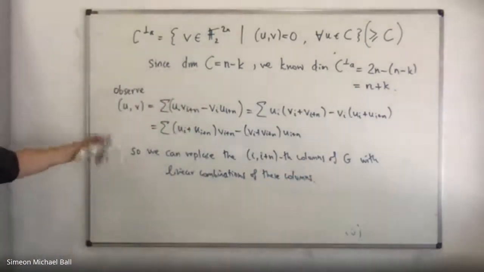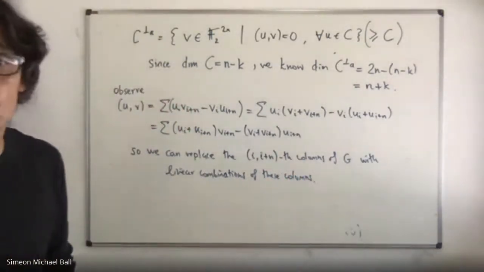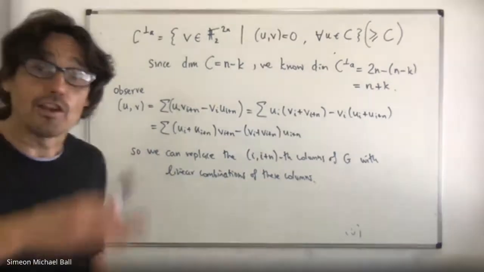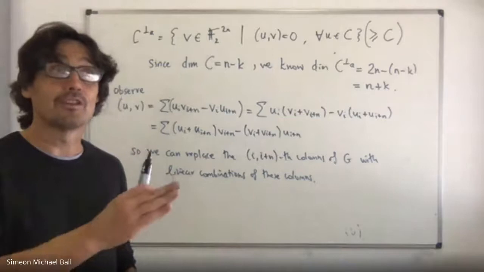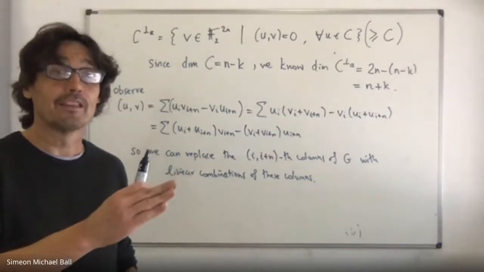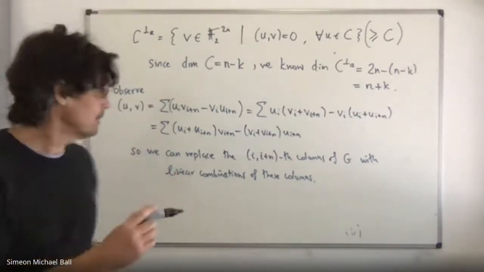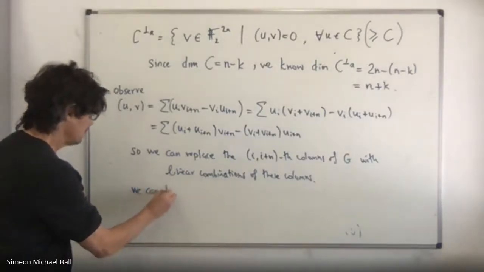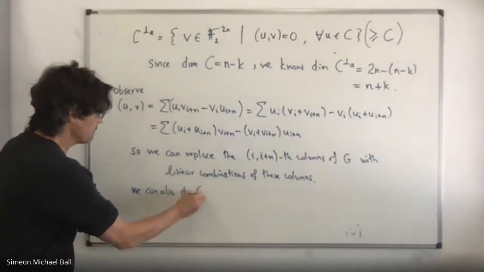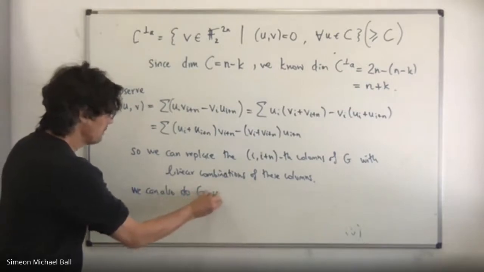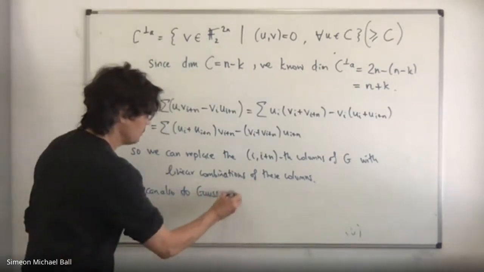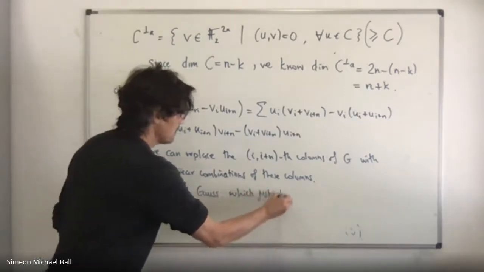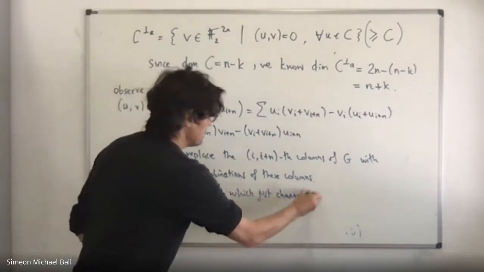And it's still going to have the same orthogonality property. We can also apply Gaussian elimination, which just changes the basis.